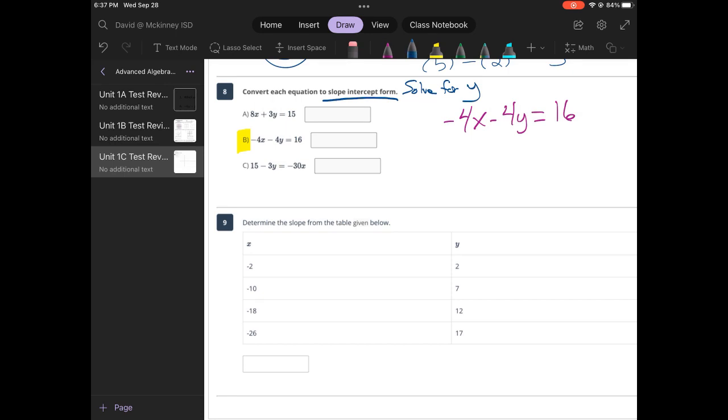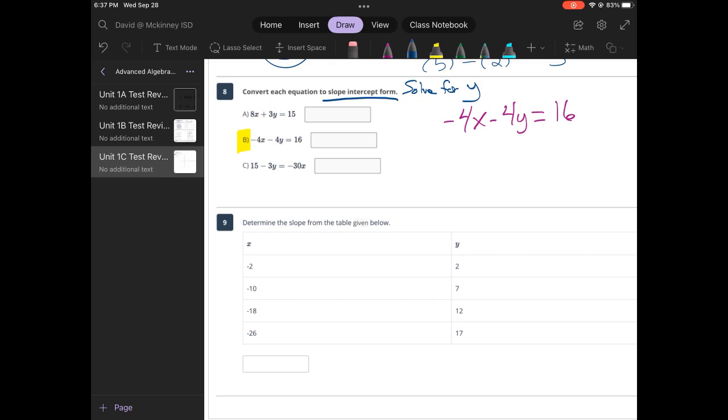I have negative 4x minus 4y is equal to 16. I must move that x term first. Now that the x term is negative, I do that by adding the x term to both sides of this equation. So I will add 4x to both sides. It's very important that I make sure to keep track of the fact that that is a negative 4x.